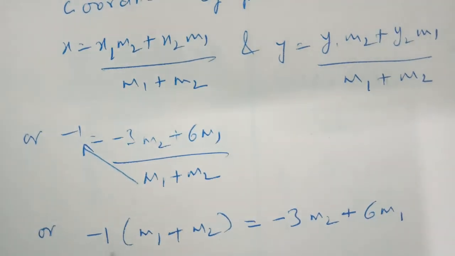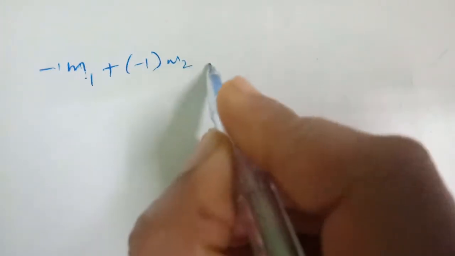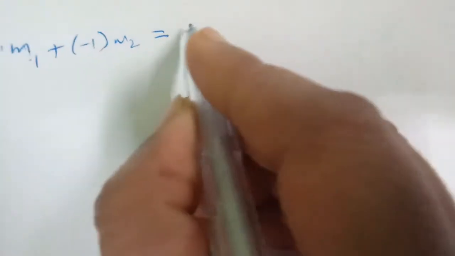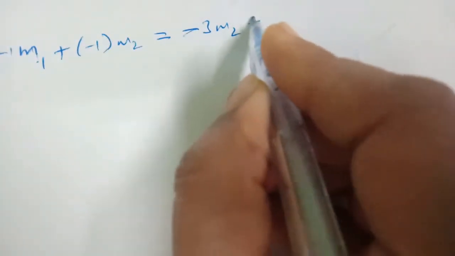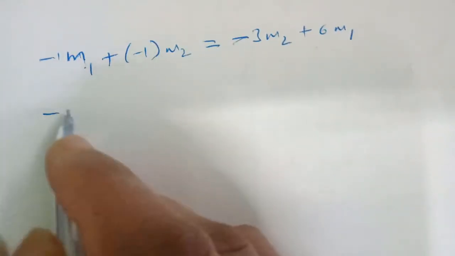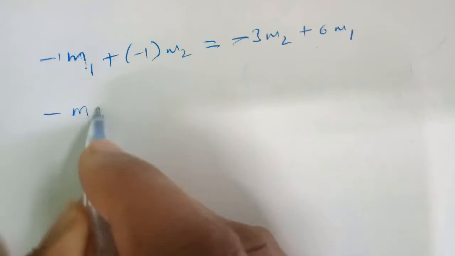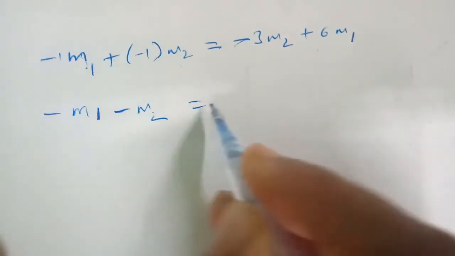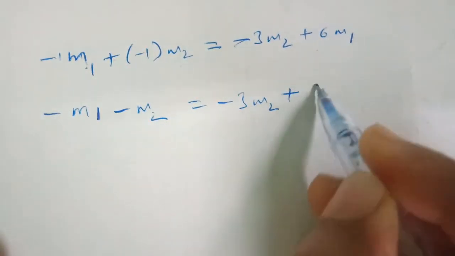Now multiply both sides by -1 to get -1 m1 plus -1 m2 on the left. Simplifying, we get -m1 minus m2 on the left, which is written as -m1 - m2 equal to -3 m2 plus 6 m1.